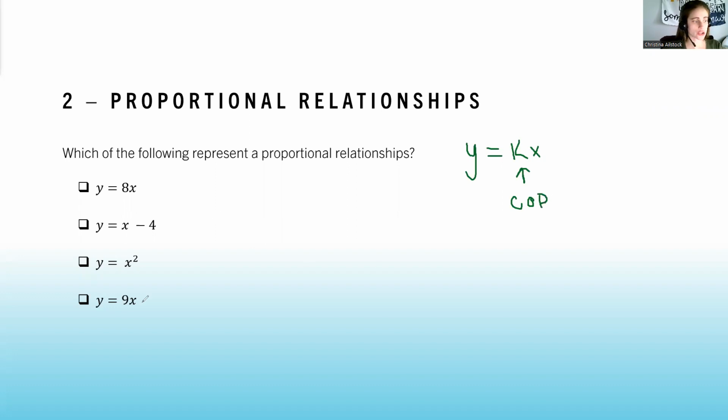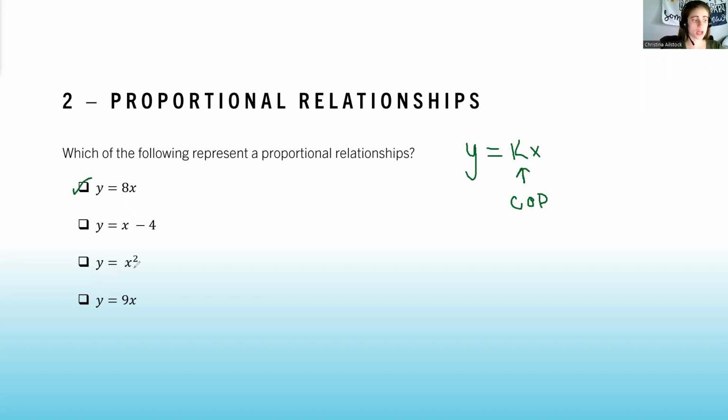So if we look through our answer choices here, this first one is a proportional relationship: y is equal to 8x. The second one is not, because this -4 at the end takes away that proportional connection.